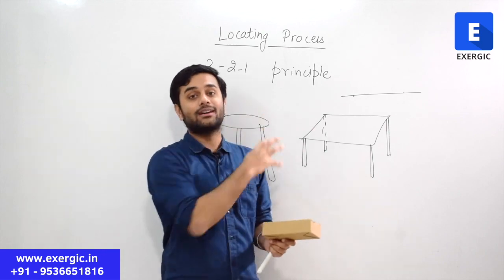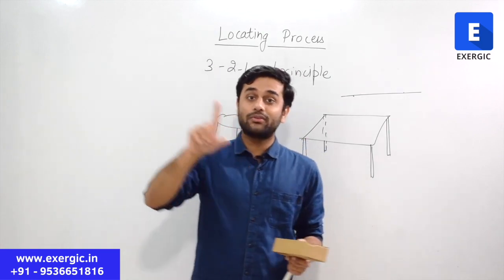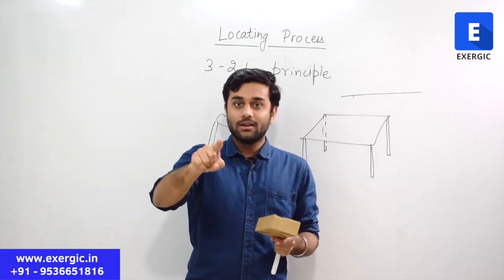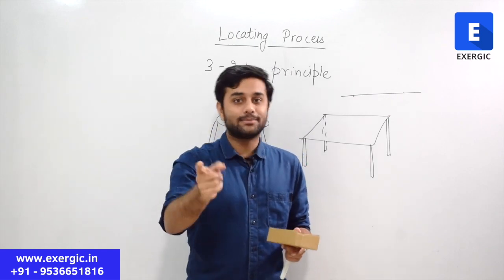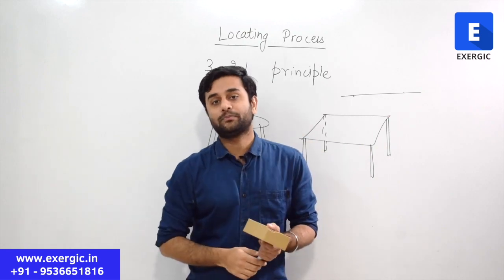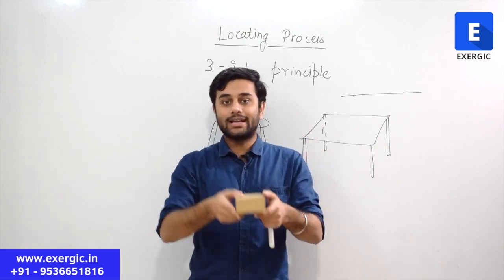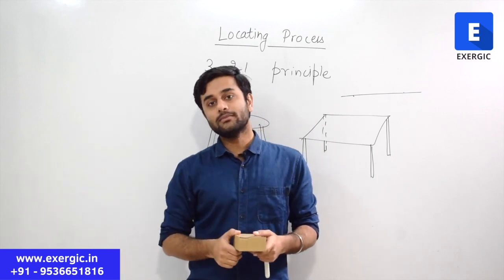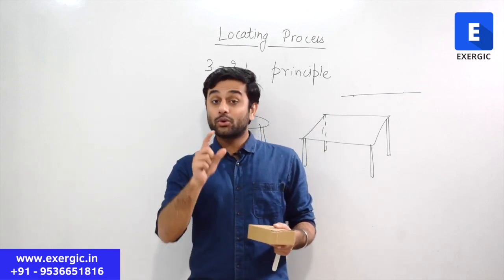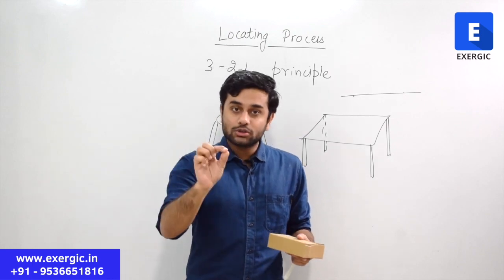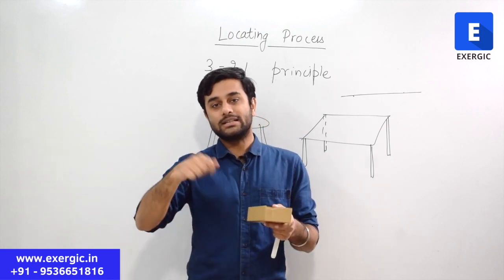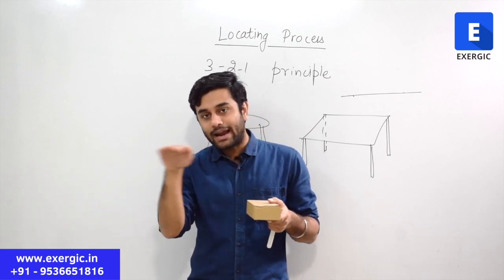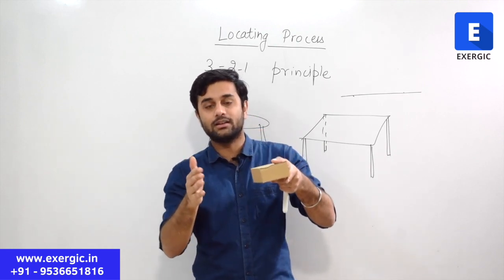The same funda we use in the support of the jig. Now recall, when I was teaching you about the jig, I told you that there is a concept that I will tell later on. The jig is not directly placed on the work table, because there can be not only variations in height but also some machining chips lying, that can misalign the flatness, the orientation of the jig.